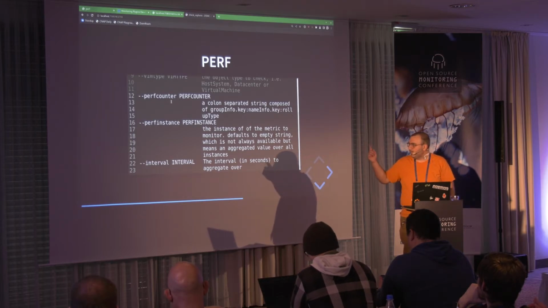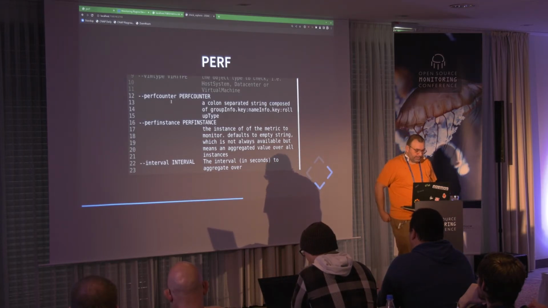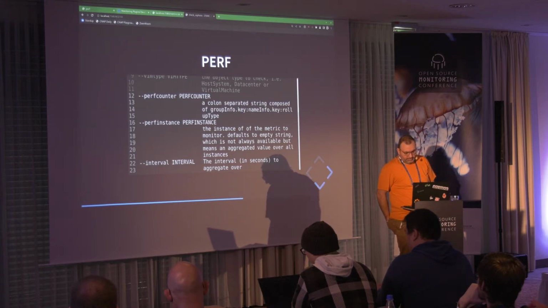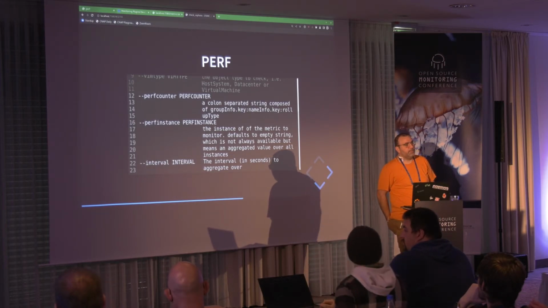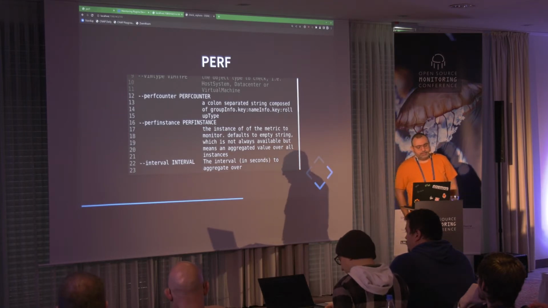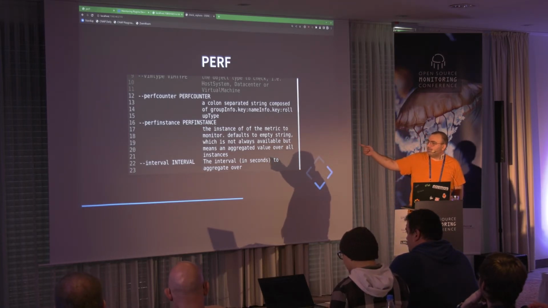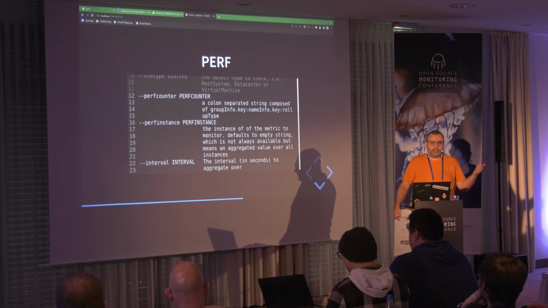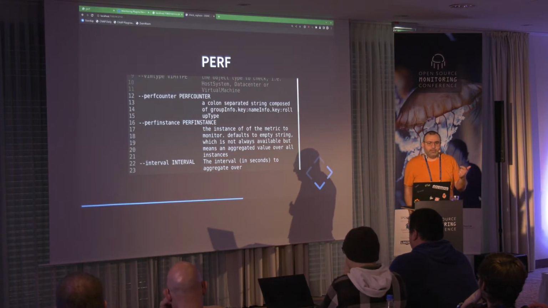And then there's another new thing, that is the performance instance, the perf instance. I found a bug in check VMware ESX for some metrics. When you query a metric, this perf instance has two special values. That's the empty string and the asterisk.